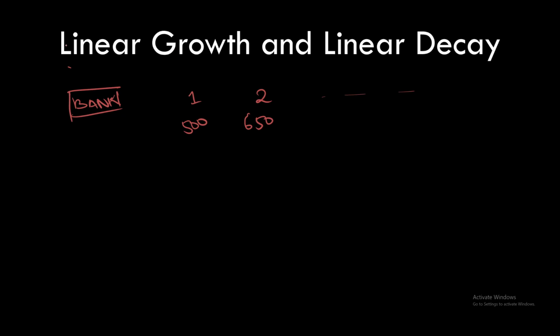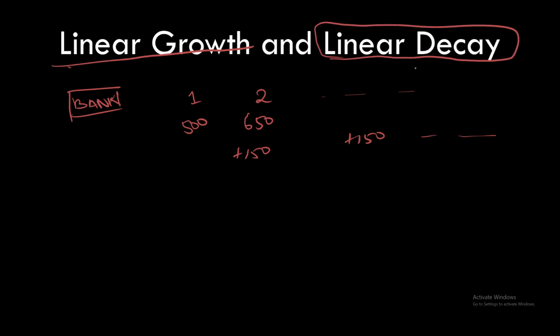So this is linear growth, since it's added by 150 every time. But this is a new term, linear decay. So linear decay means that it is losing value, decreasing over time.